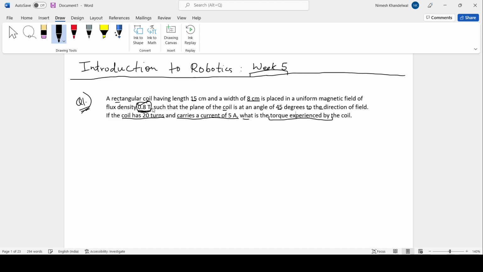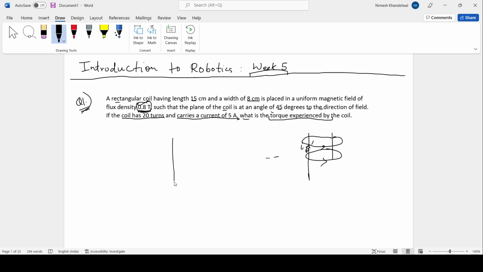Because we know that if a current carrying wire is placed in the vicinity of some magnetic field, then this wire experiences a torque.